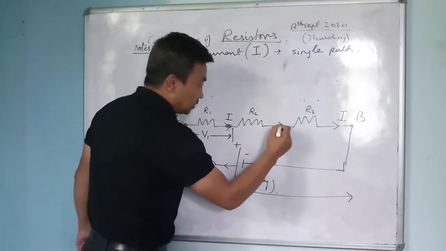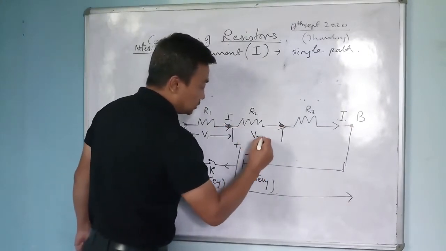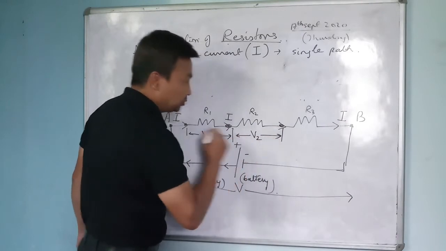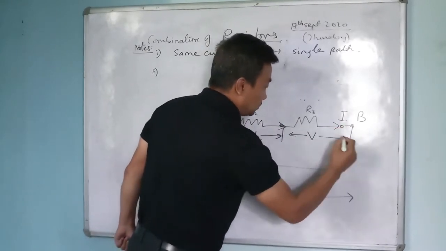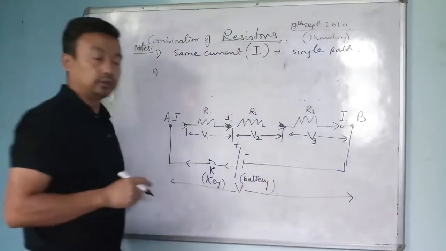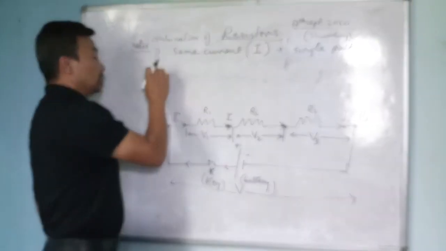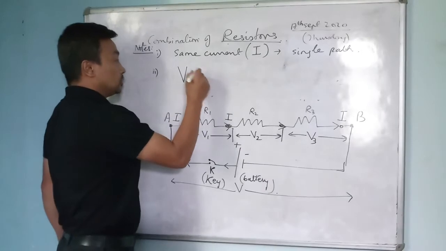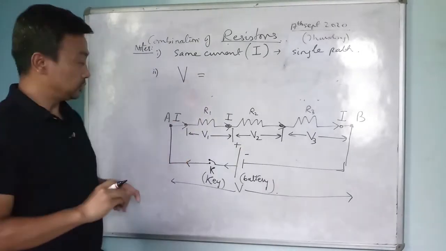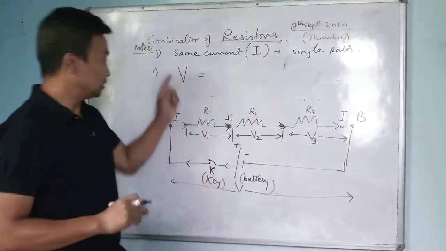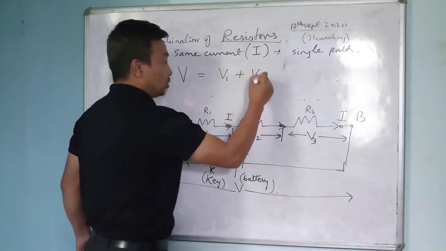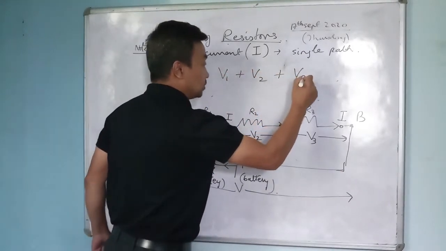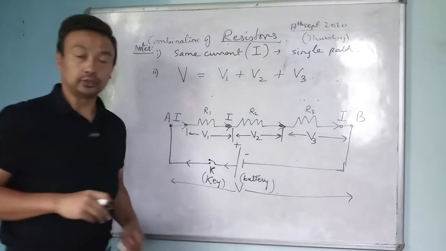Similarly, R2 also has 2 ends, so it also has its own potential difference V2, and similarly R3 has its own potential difference V3. So here what does it say? Let us say V is the potential difference of the entire circuit, and this potential difference is equal to the sum of the potential differences of individual resistors.